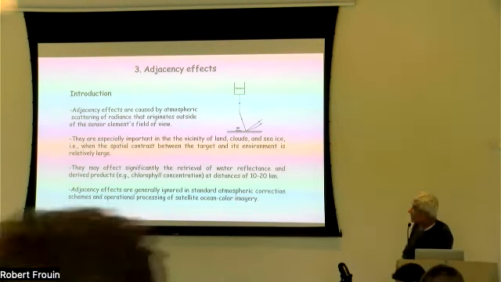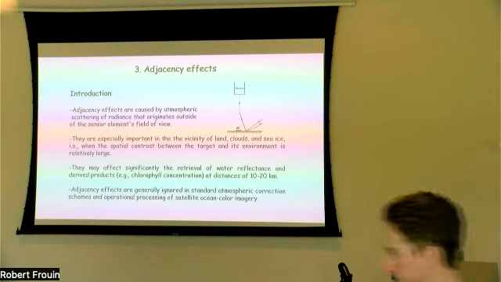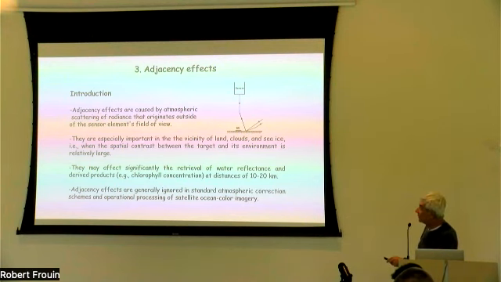So let's talk about adjacency effects now. Another big problem. What are adjacency effects? Well, they are caused by the atmospheric scattering of the radiance that originates outside the sensor field of view.